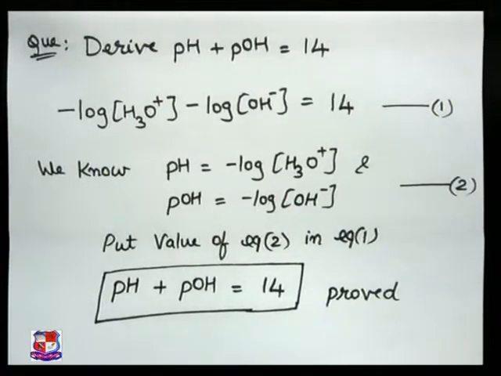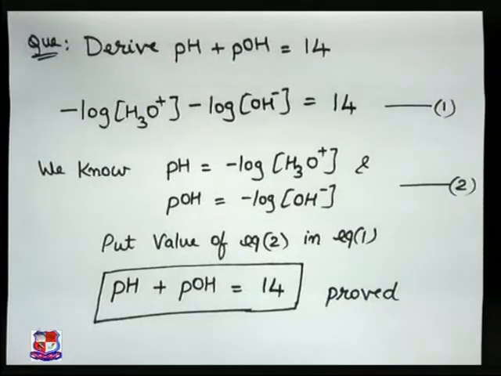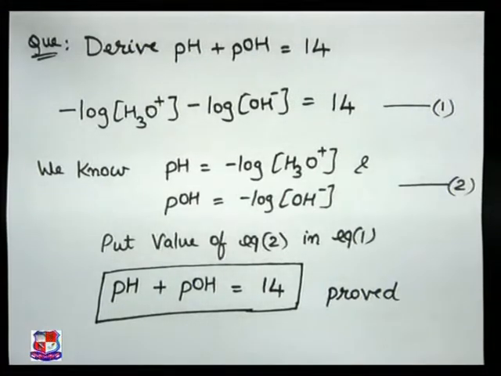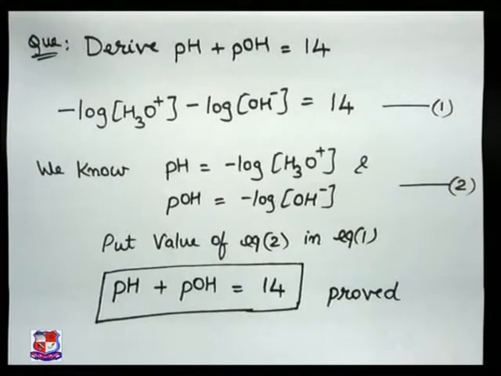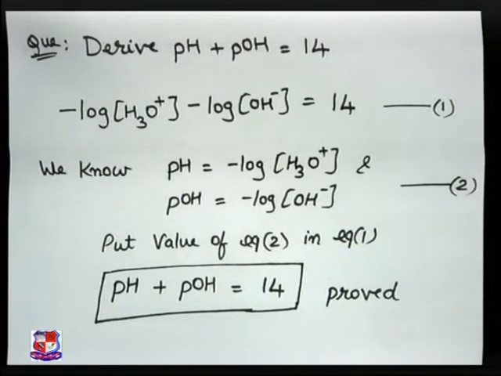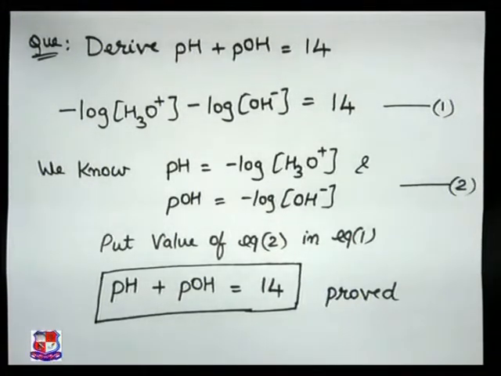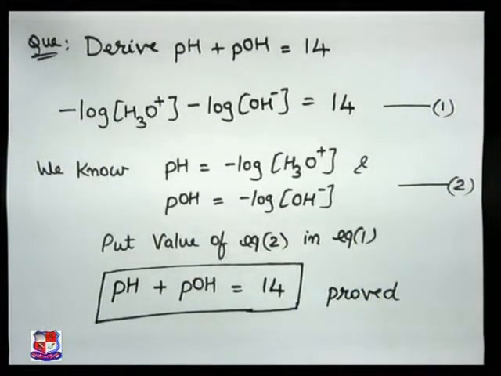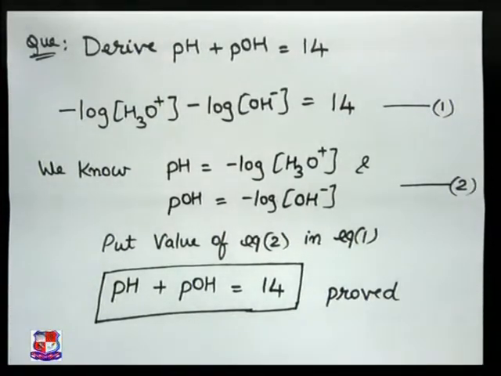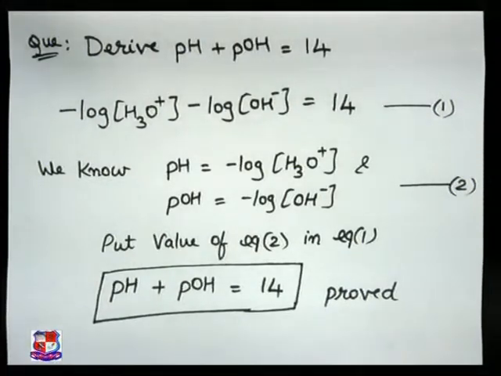Now we will recollect the earlier information taught in the slides: pH is equal to the negative logarithm of the concentration of H3O plus ions expressed in moles per liter to the base 10, and pOH is given as the negative logarithm of the concentration of OH minus ions expressed in moles per liter to the base 10.